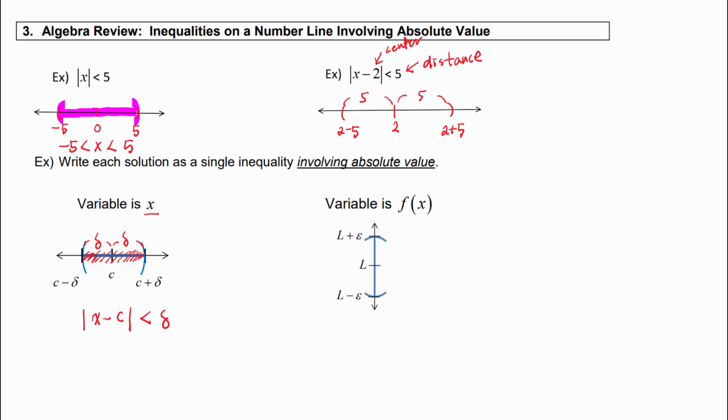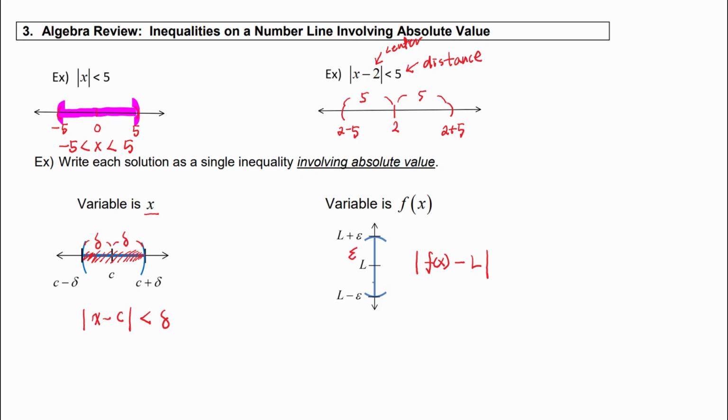Can you do it if we have the variable as f of x and the center is L? Sure, same thing, right? So here we go. We want all the values of f of x from center L, whose distance... what is the distance from L to L plus epsilon?